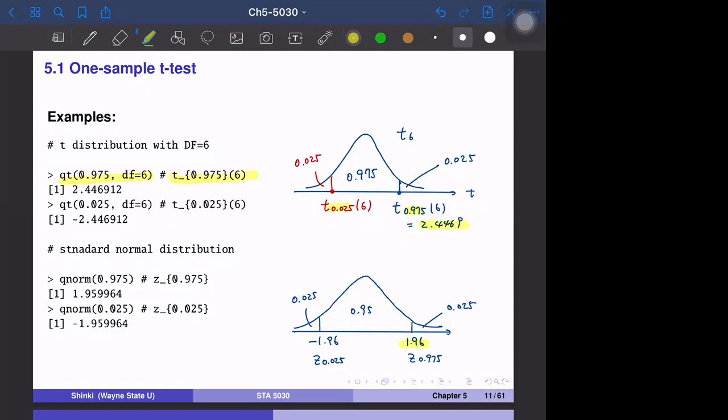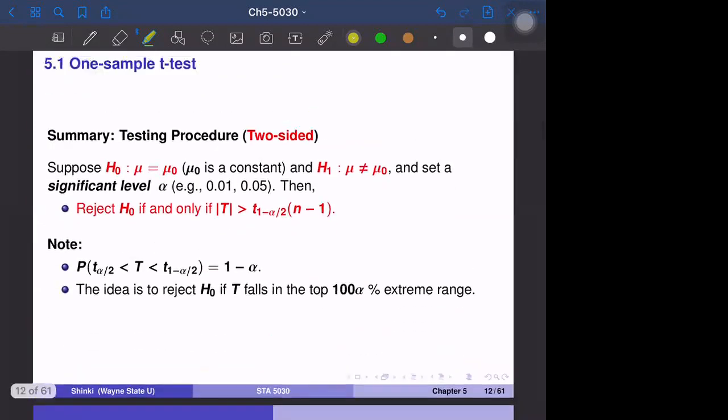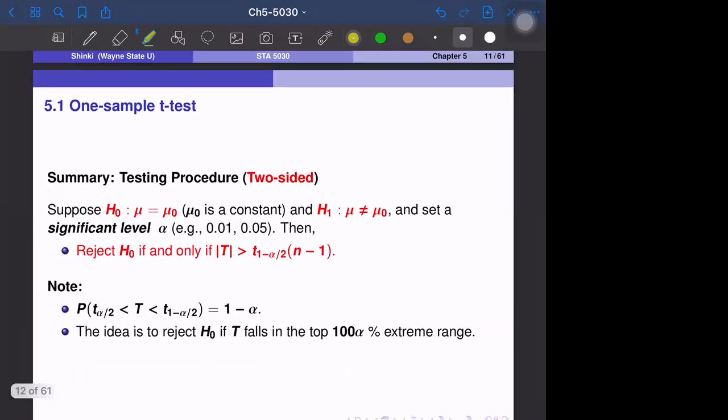Okay, using this notation we describe the test procedure for the two-sided one sample test. In the first case, we have the null hypothesis mu equals mu naught, where mu naught is just a constant. In the previous example, that was 79,500.